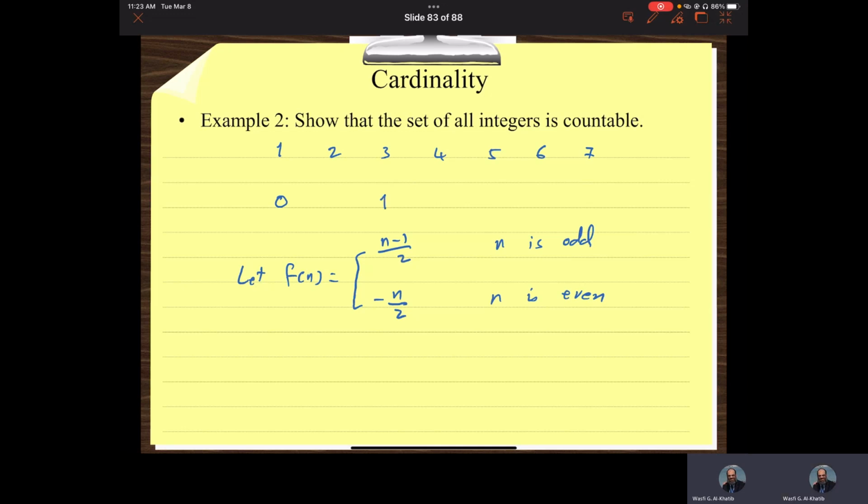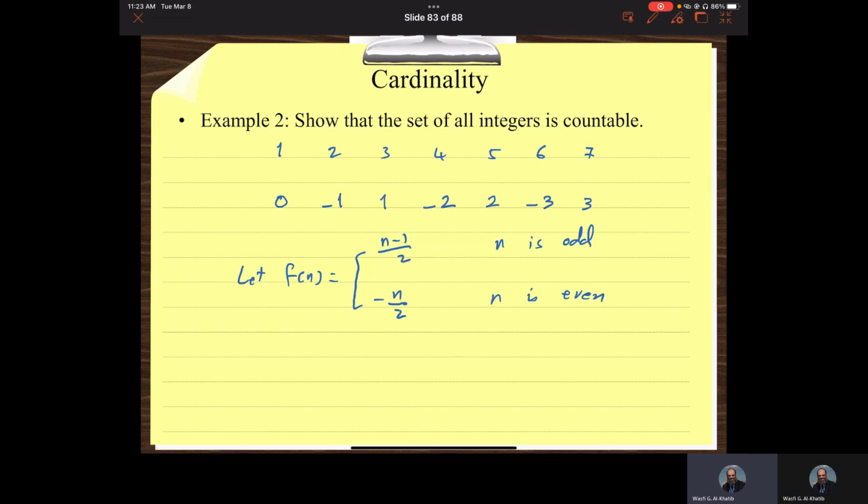Well, f of 5 is 2. f of 7 is 3. And I will continue, and so on and so forth. And f of 2, f of 4, f of 6, and so on and so forth.